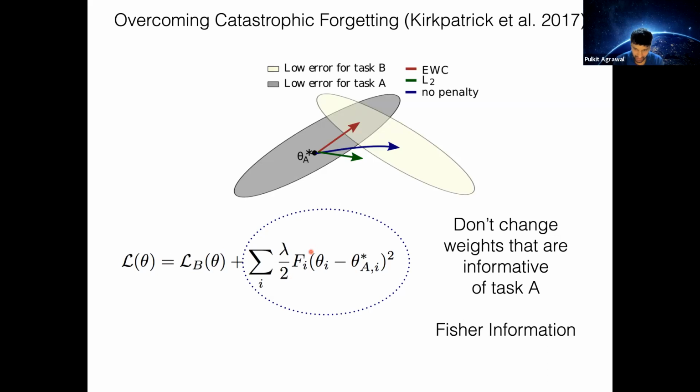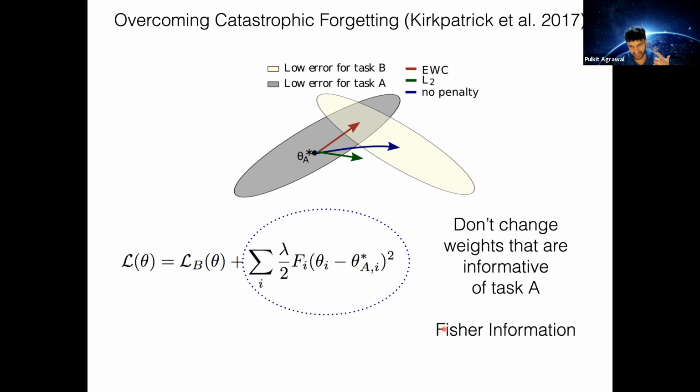So, Fisher information is a way to calculate distance, which is a better measure than Euclidean distance. Now, if you're more interested, you can read more about Fisher information. I'm not going to get into it.